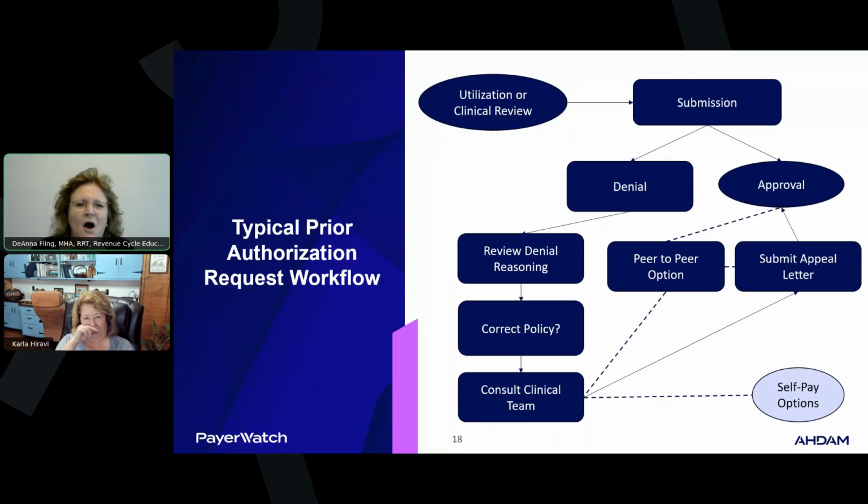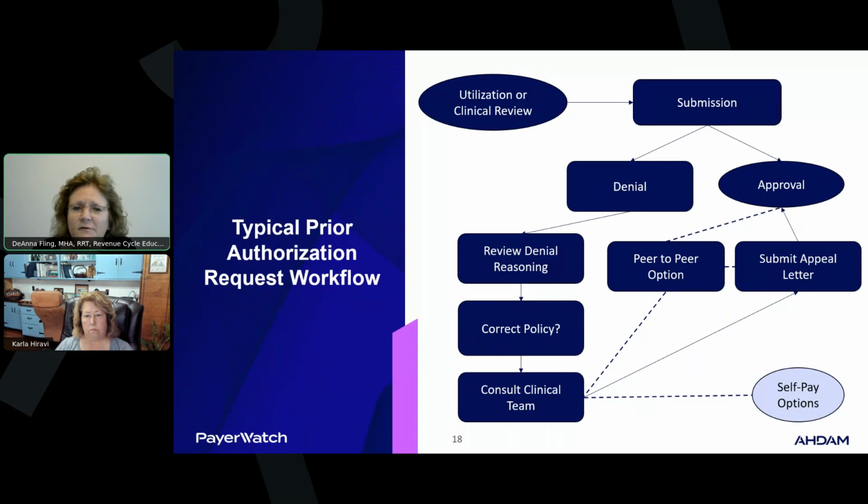Awesome. Okay, so I created this workflow process as a visual to show how the prior authorization process works. Now, in your organization, this might slightly differ, or there may be some additional steps that your leaders require. But from a very high level perspective, this workflow is pretty standard.